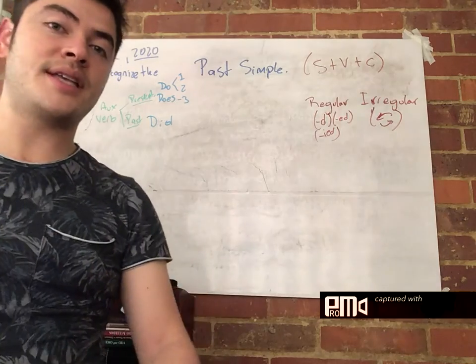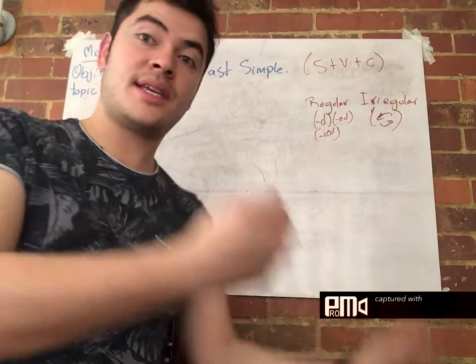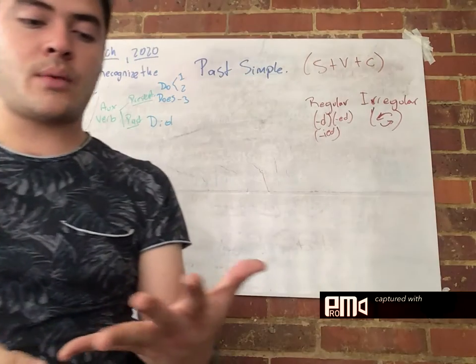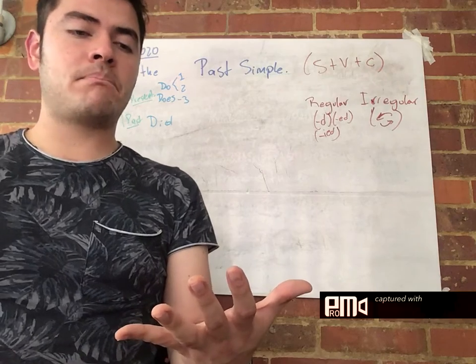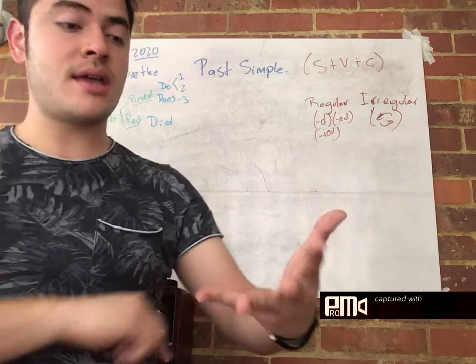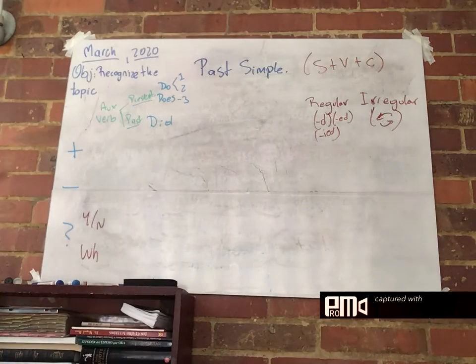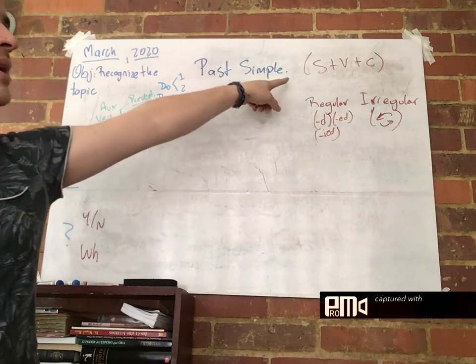But in the past simple, it's not in the present, it's in the past. So there are different things that we said yesterday, or last week, or last year. Something in the past, something a little bit easier.